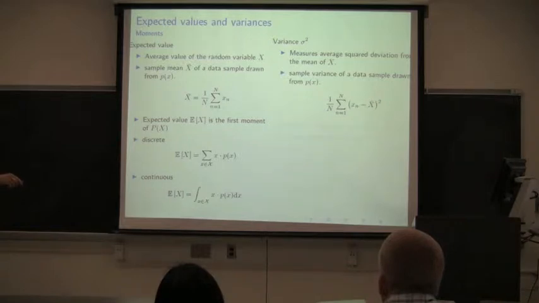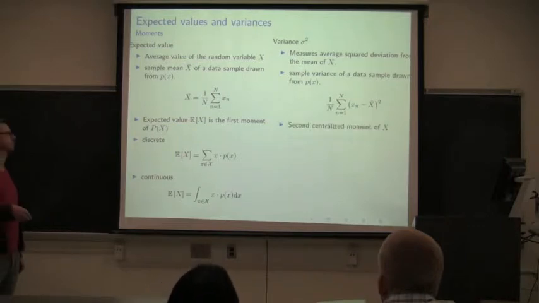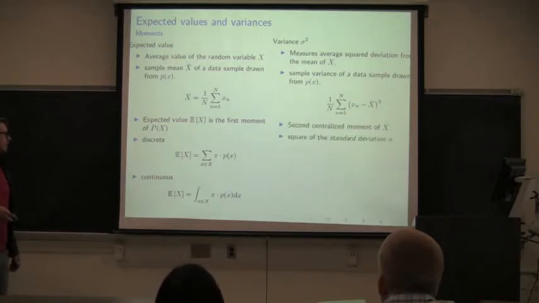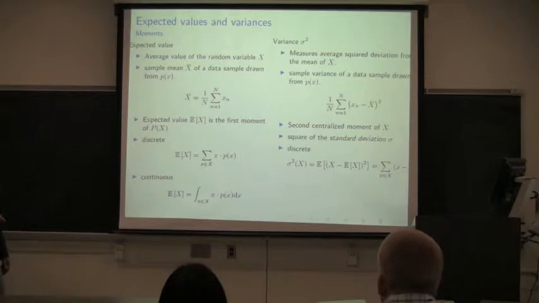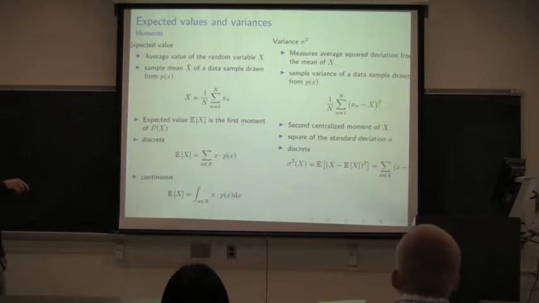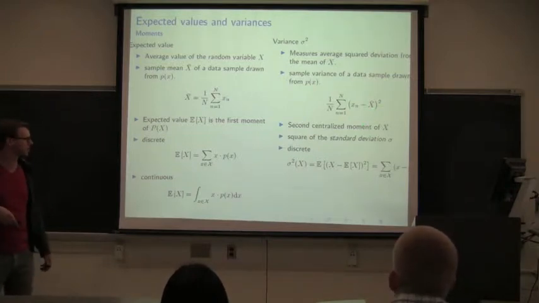The variance is the average squared difference from the mean. It's the second centralized moment of the random variable, and it's the square of the so-called standard deviation. In the discrete case, this is a weighted sum over the squared difference to the mean, in this case the expectation.